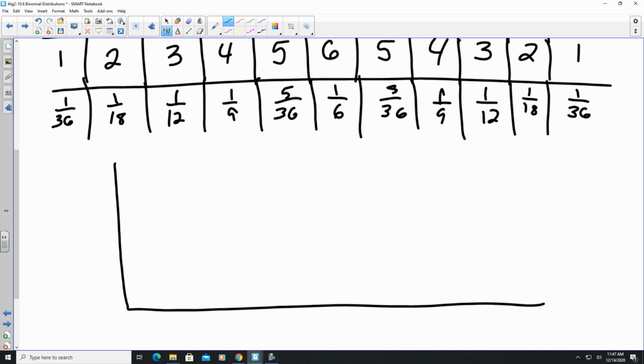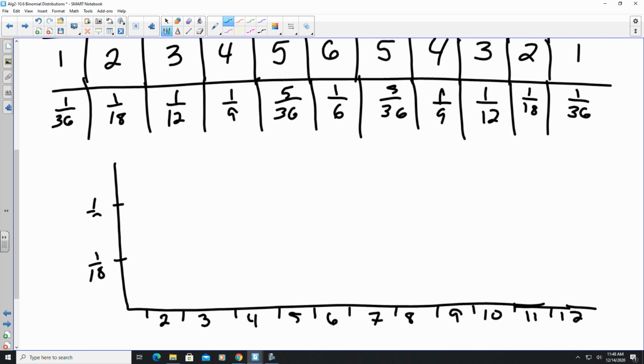On the bottom are the sums: 2, 3, 4, 5, 6, 7, 8, 9, 10, 11, 12, and then this is the fractional probability. So I'll write 1 out of 18, 1 out of 9, and 1 out of 6.